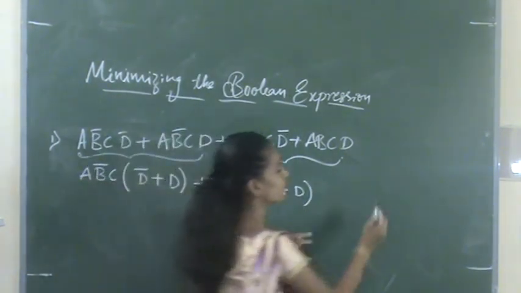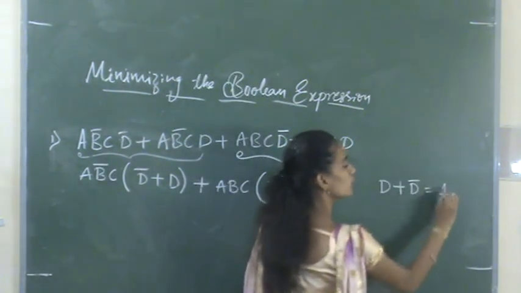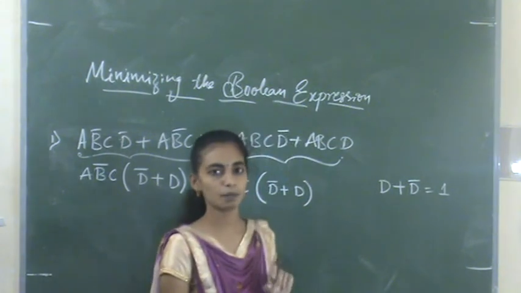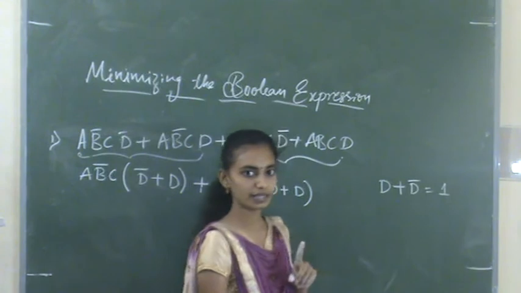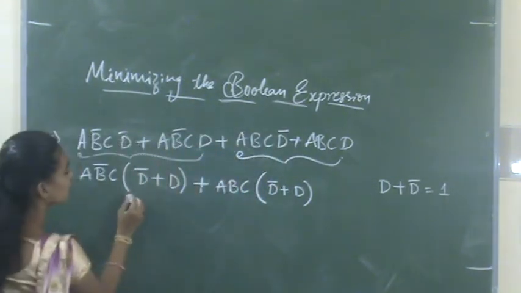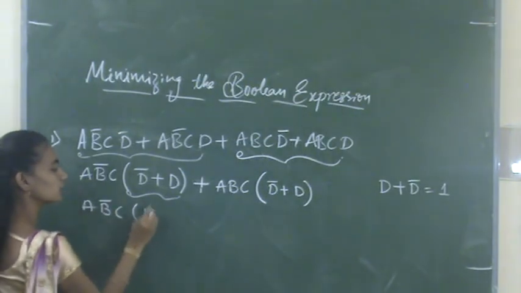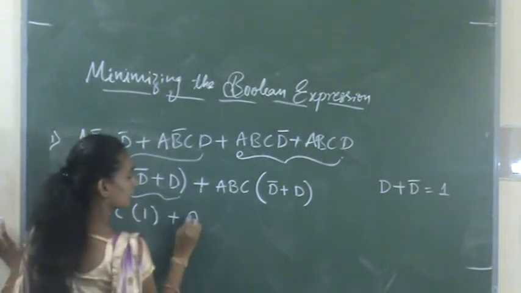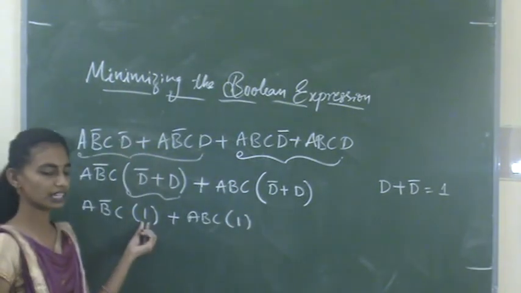But we know that D bar plus D is equal to 1 according to the complementary law. X plus X bar is equal to 1, right? So instead of this I am writing A B bar C into 1, and A B C into 1. Why am I writing 1 here?